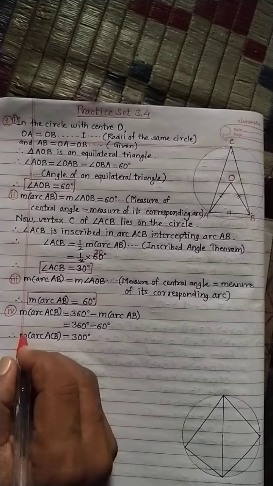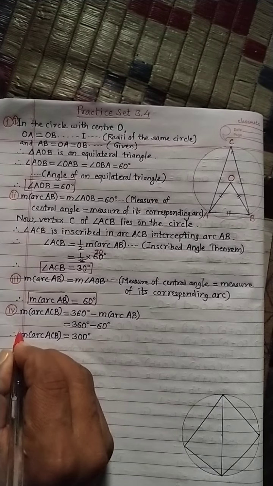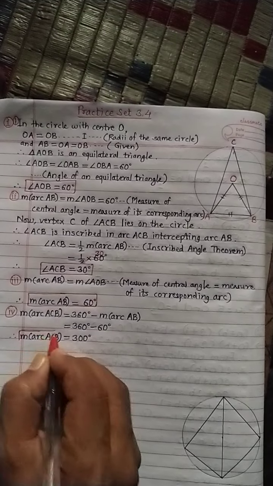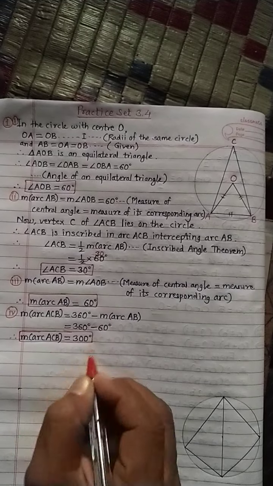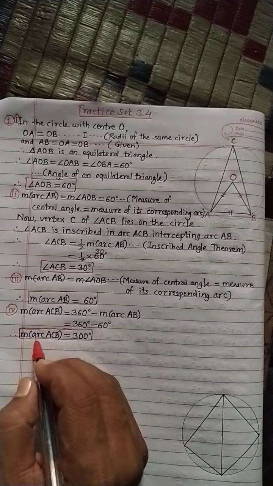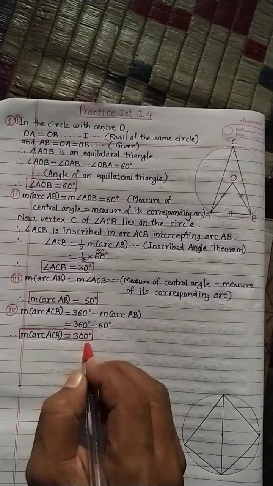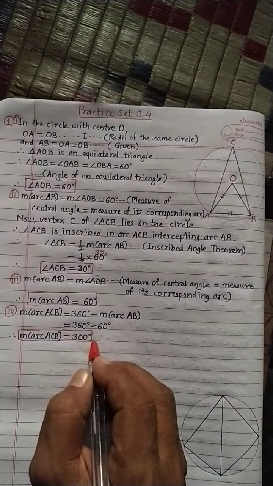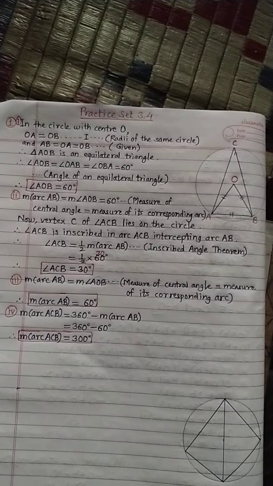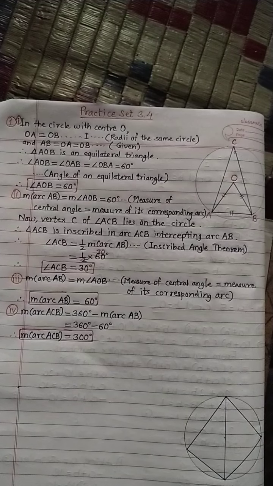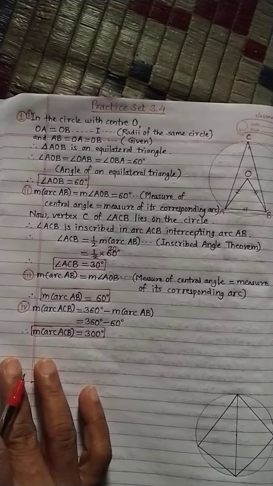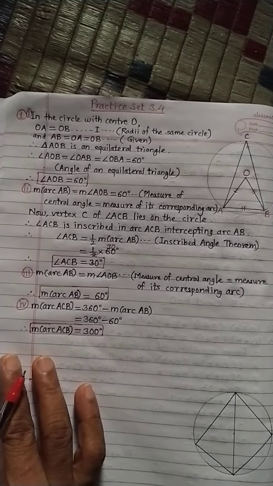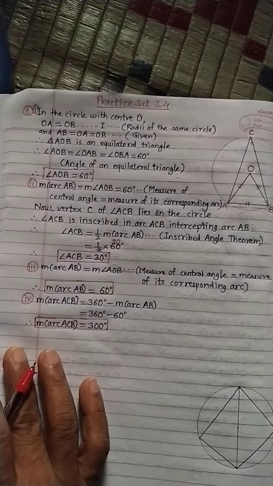So in this way we have found out here, fourth, measure of arc ACB is equal to 300 degree. So now we have completed our first question. I hope you understand it better.